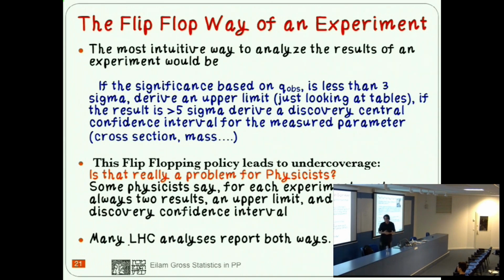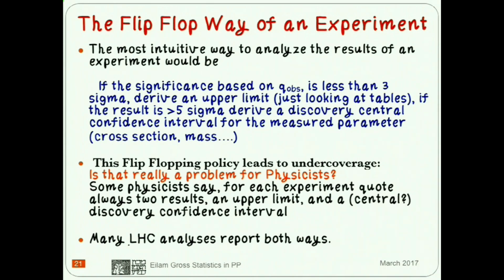So we flip what we are doing from setting a limit to a measurement based on what we see. And we don't decide in advance what we do because we don't know what the result of the experiment will be.